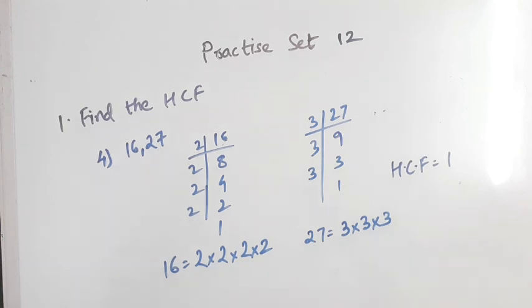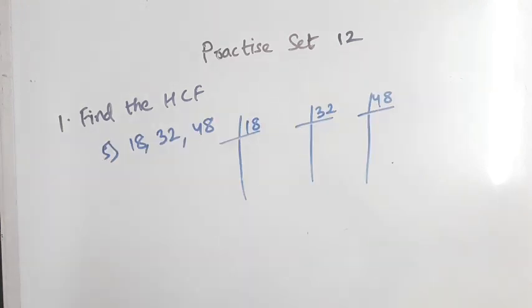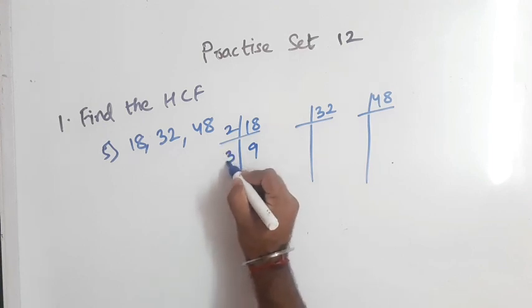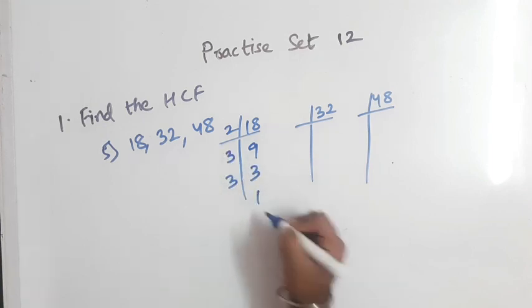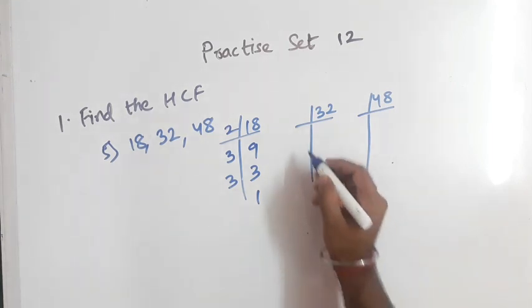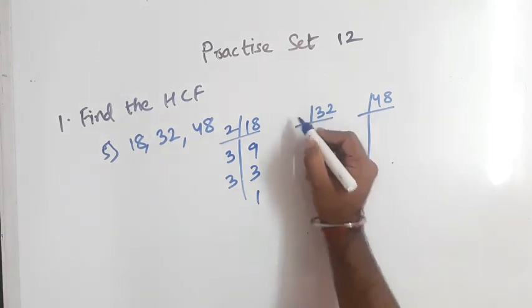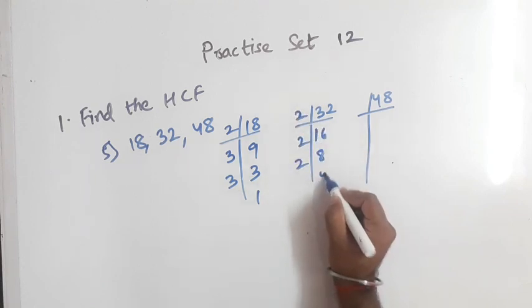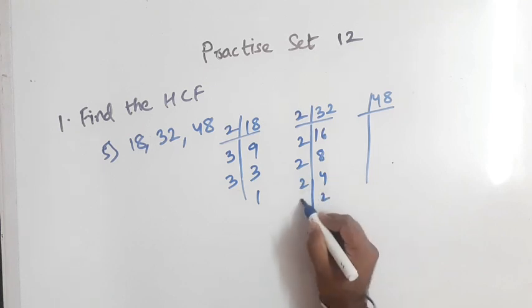Okay, then the fifth one. We have the numbers 18, 32 and 48. So we'll take here 2 9s, then 3 3s, 3 ones. Then 32, you know it is 5 times 2, we did it before. 2 16, 2 8, 2 fours, 2 twos, and 2 ones.